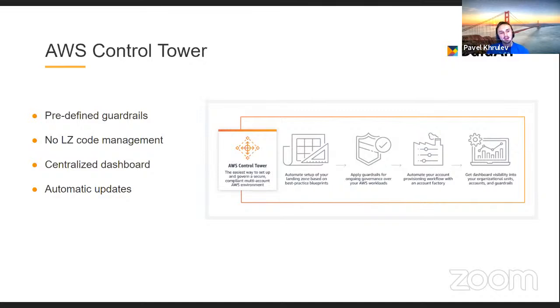But actually, I think, and AWS said that landing zone as a template is deprecating, and currently the only recommended way to deploy a landing zone is AWS Control Tower. And they're implementing a lot of features coming.